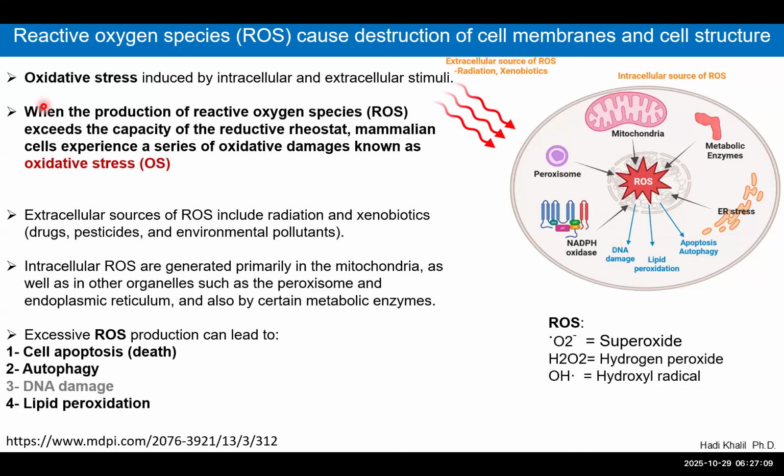Now, when the production of reactive oxygen species exceeds the capacity of the reductive rheostat, the mammalian cells experience a series of oxidative damages, and these we call oxidative stress.